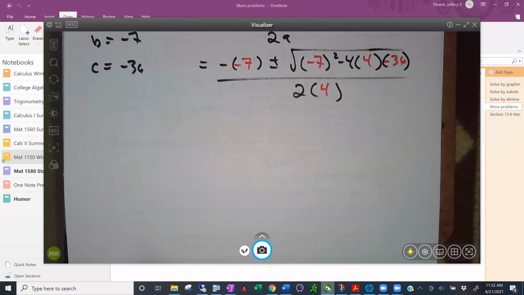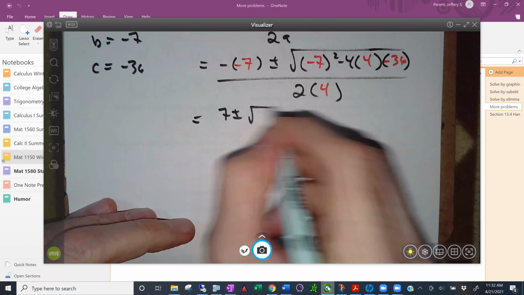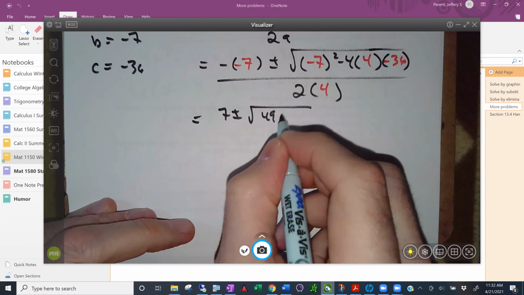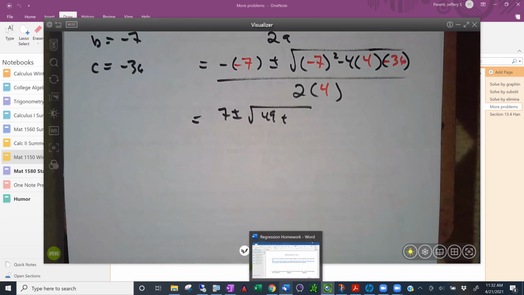The double negatives cancel, so I get 7 plus or minus the square root of 49 plus 16 times 36. I have to bail on that one for a second. 16 times 36: 360 plus 216, 576? I think that's right.